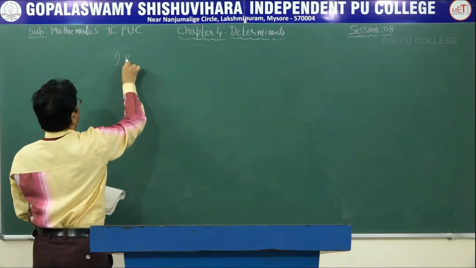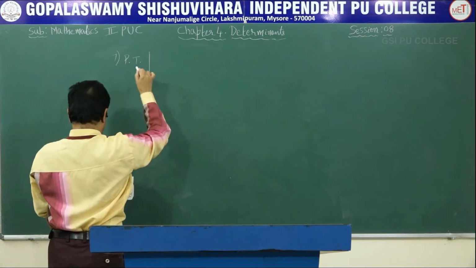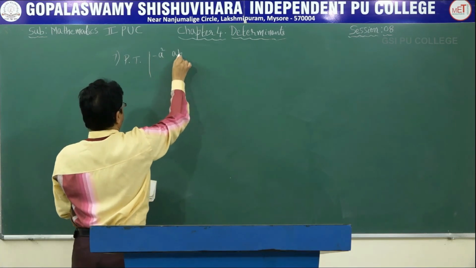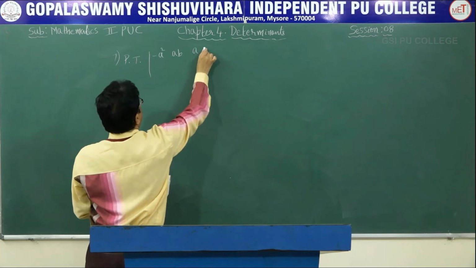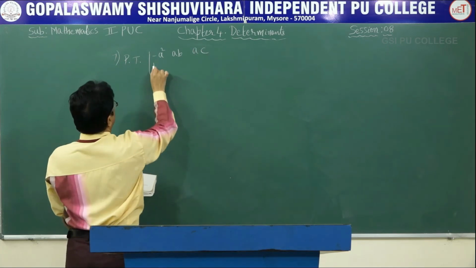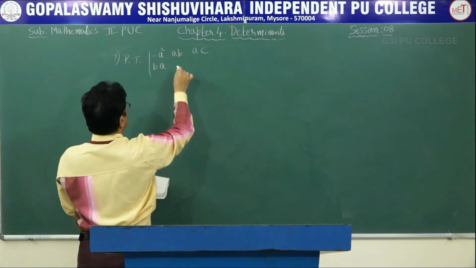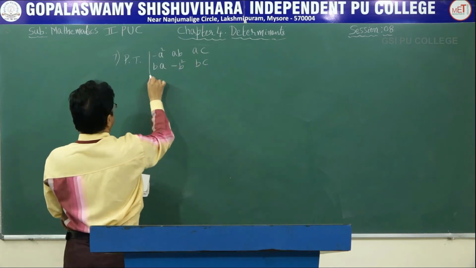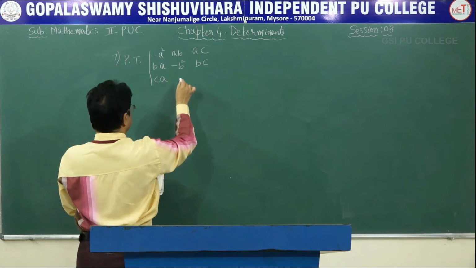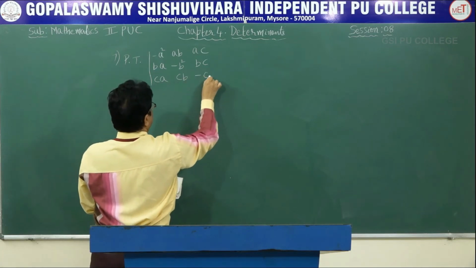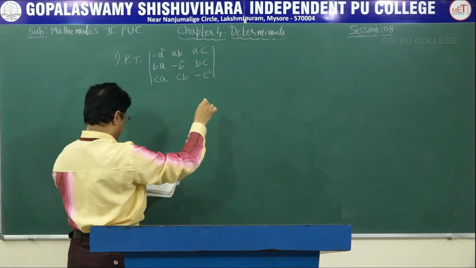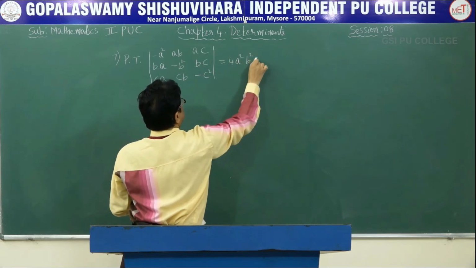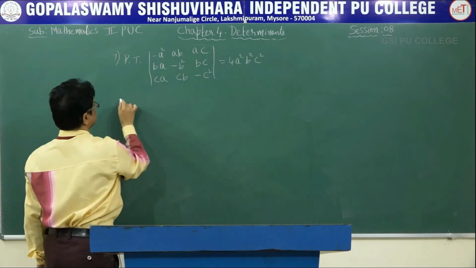Next problem. Prove that determinant of minus a square, AB, AC, BA, minus B square, BC, CA, CB, minus C square will be equal to 4A square B square C square.